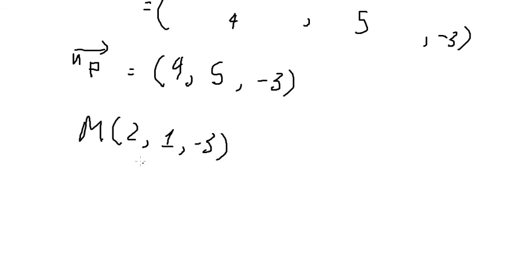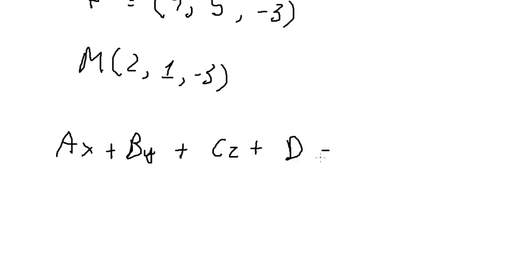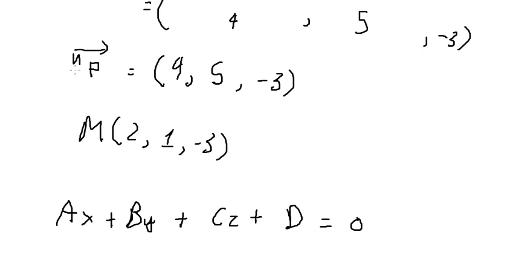So we have the formula of the plane, that's Ax plus By plus Cz plus d equals 0. So we have the normal vector of P, that's 4, 5, and negative 3.